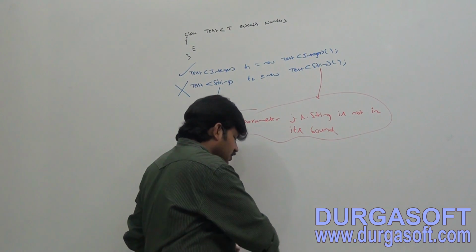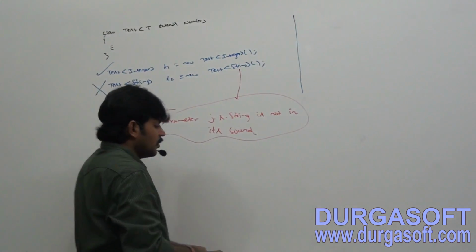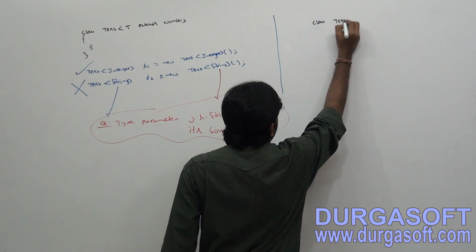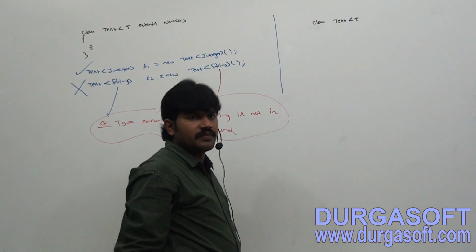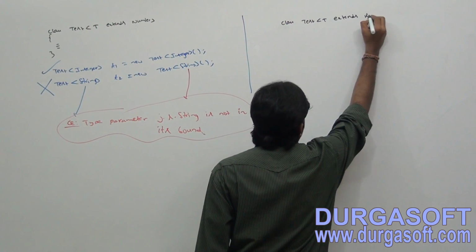Now just observe the second example. I am taking class Test<T extends Runnable>.